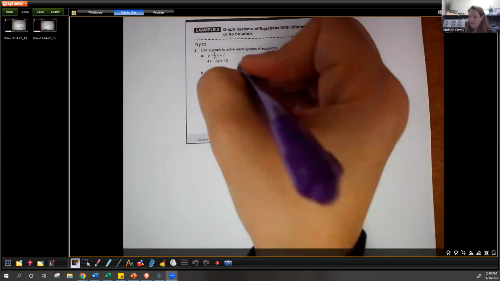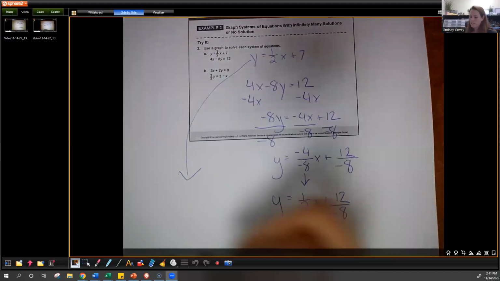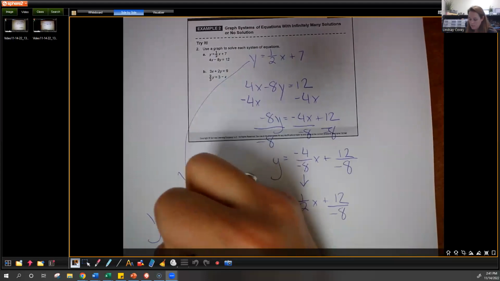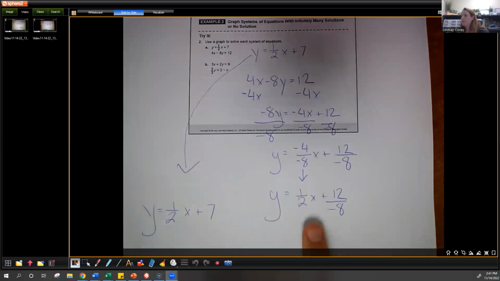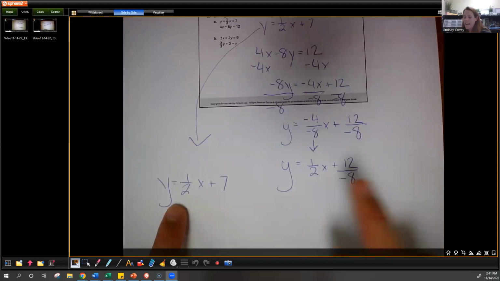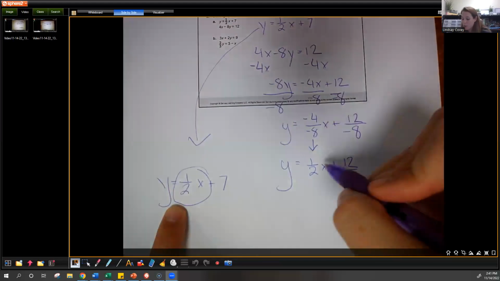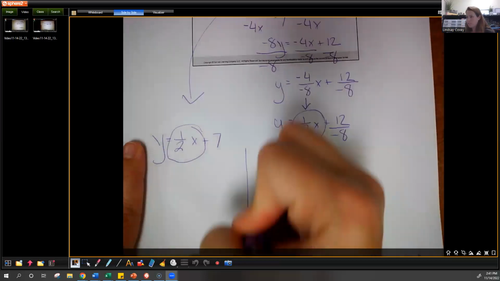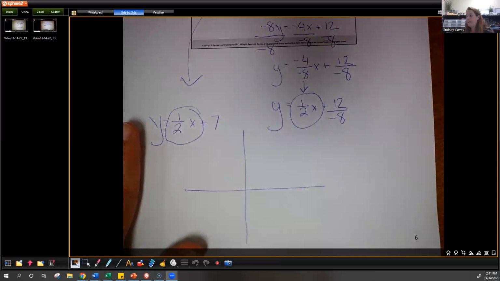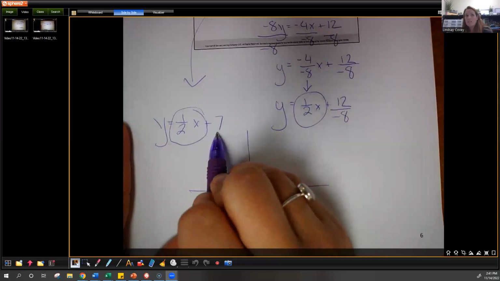Let's bring our other equation down and see what you notice. Looking at these two equations, they have the same slope. So if we were to graph them, just for fun, my y-intercept would be 7.